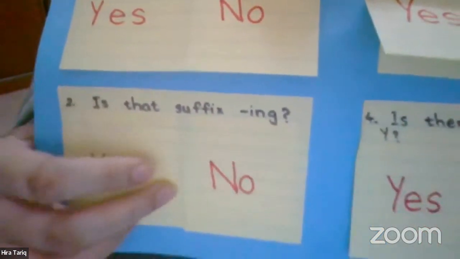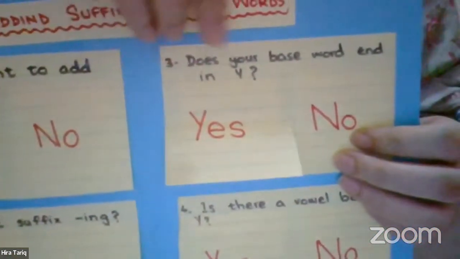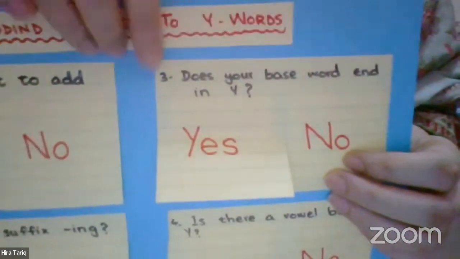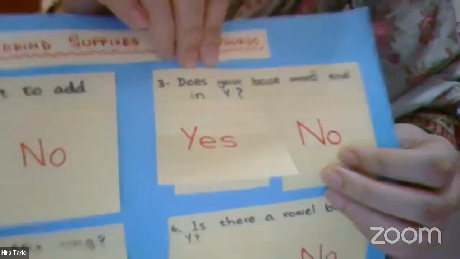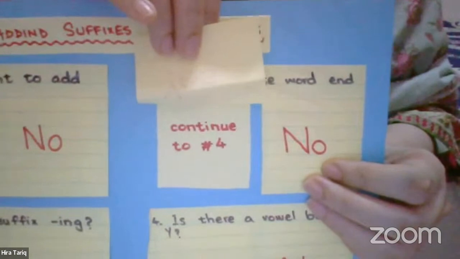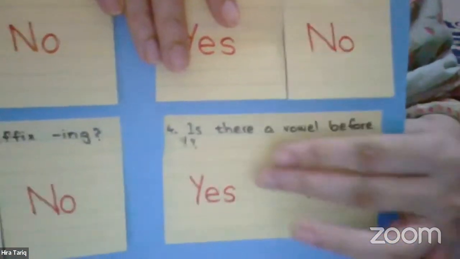If your suffix is not ing, so open no, and it's written continue to number 3. Here is number 3. Does your base word end in Y? ये लिखा है, does your base word end in Y? Yes. Continue to number 4. Is there a vowel before Y?